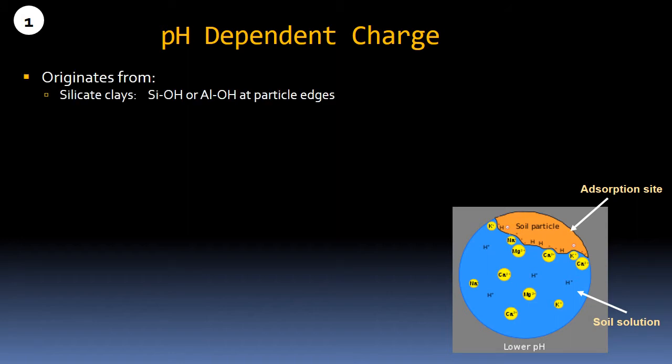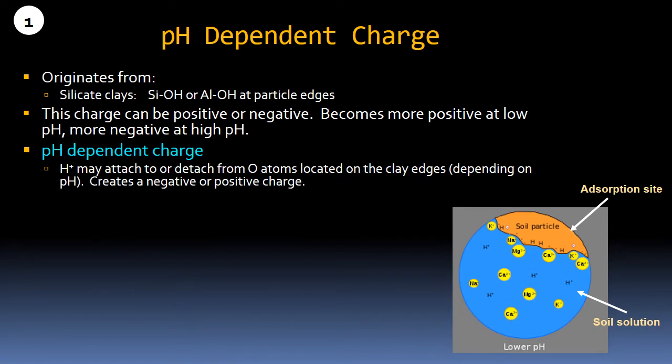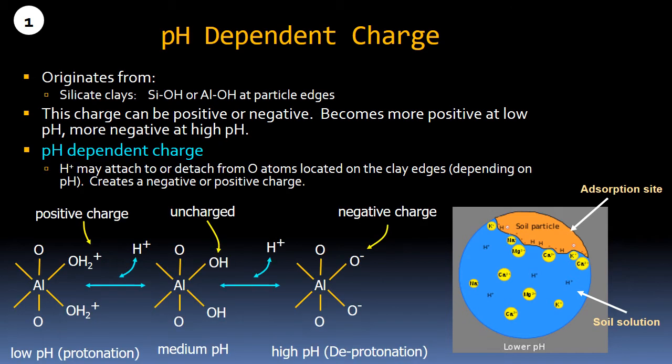So, as I said, depending on the pH, you will create positive or negative charge. Something else I want to emphasize about the pH dependent charge is that it happens at the edges. What do we mean by the edges?